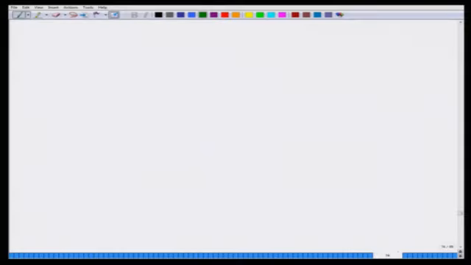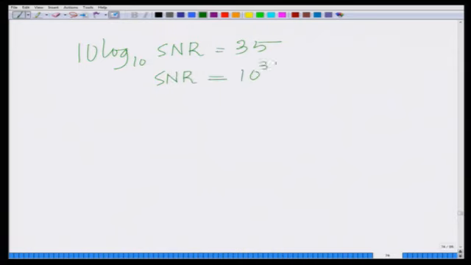As we know, dB SNR equals 10 log 10 SNR equals 35, which means SNR equals 10 to the power 3.5.